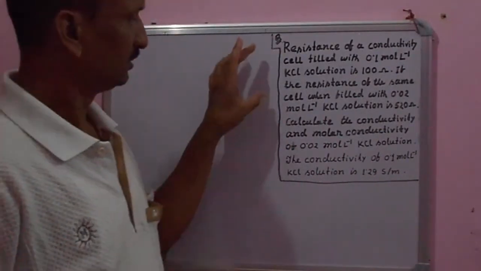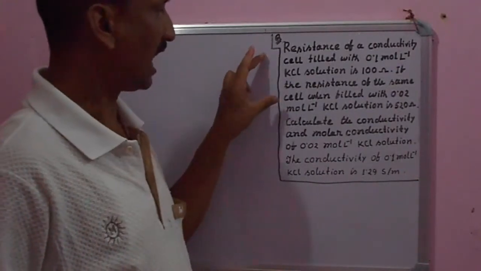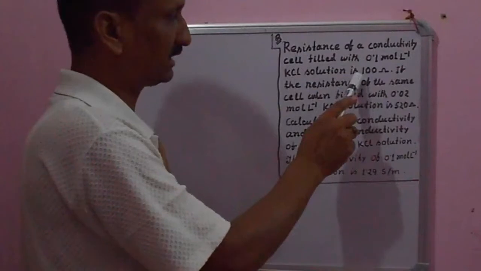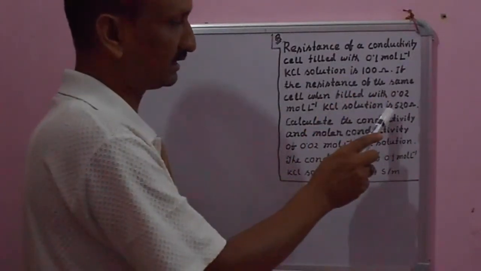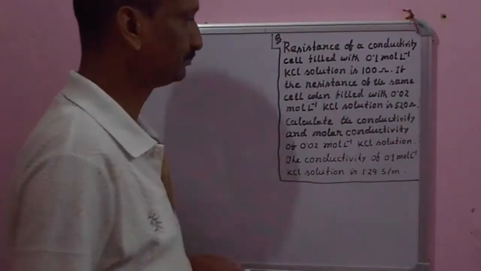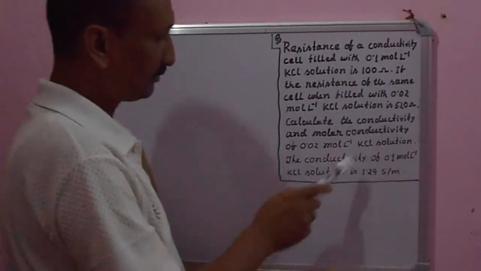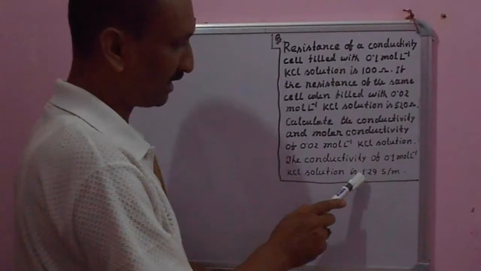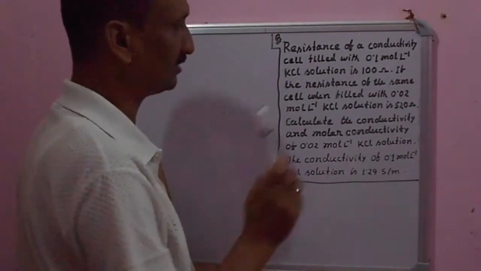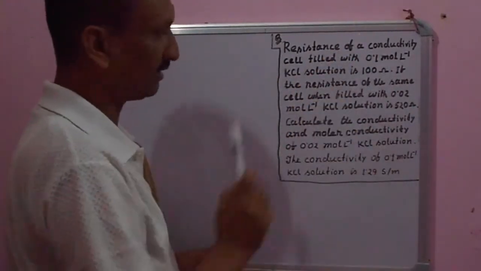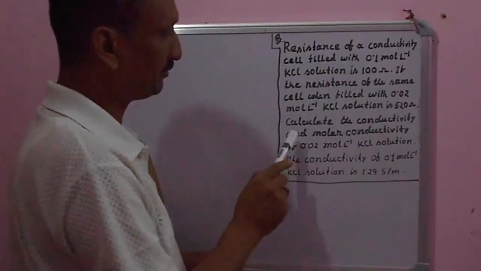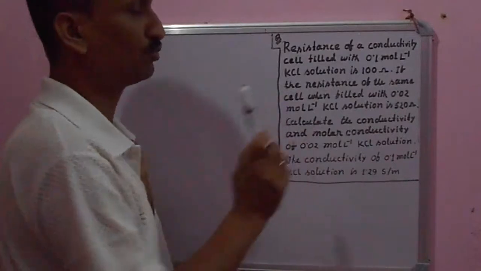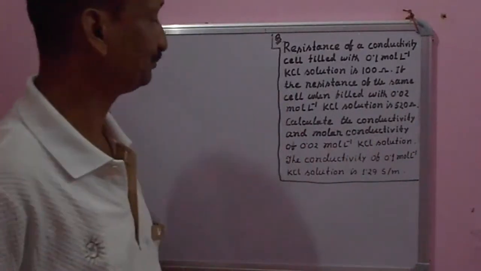So for both the solutions the resistance is measured, in one case 100 ohm and in the other case 520 ohm, and from this data we have to calculate the conductivity and molar conductivity of 0.02 mole per liter KCl solution.